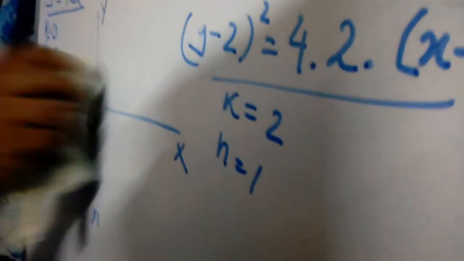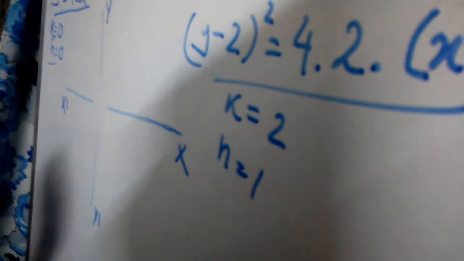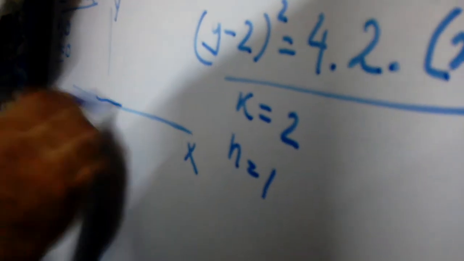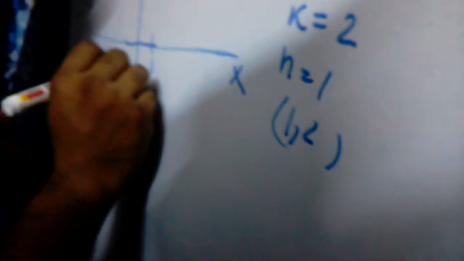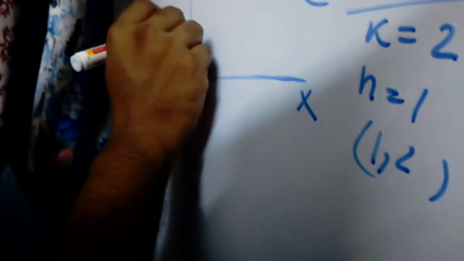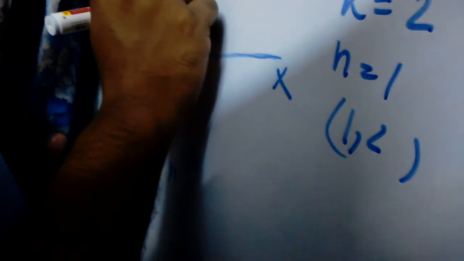This means the coordinate of the vertex will be 1 and 2. Now this is the coordinate axis. Suppose this is 1 and this is 2. So the parabola will form from this point and it will go like this.